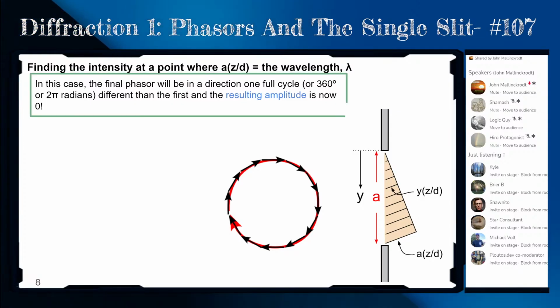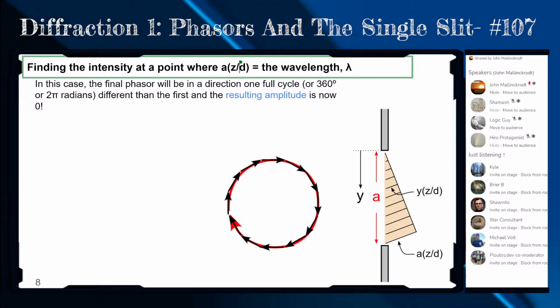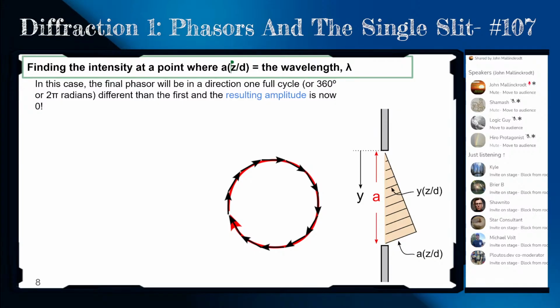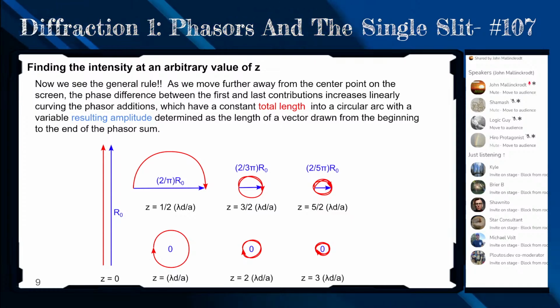What I really want to know is what happens at a coordinate z on the screen. Remember, z is the distance on the screen from the midpoint. If I solve that equation for z, for slide 8, I get z equal to the wavelength times d divided by a. So you'll see I'm doing all of these in terms of the wavelength times d divided by a.